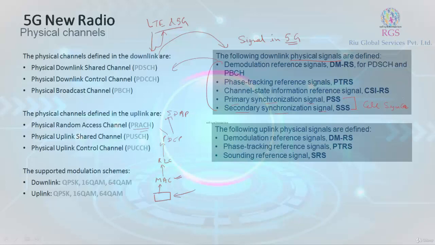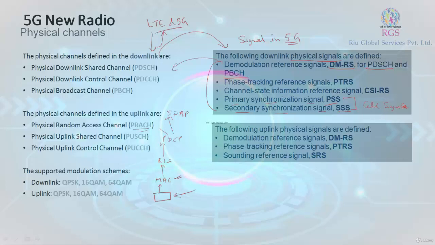So what is cell synchronization? In order to get connected to a cell, you need to first know its time and frequency. You need to be in sync with that. So for that purpose, we make use of PSS and SSS signals. Then we have demodulation reference signals, which are used for PDSCH and PBCH.